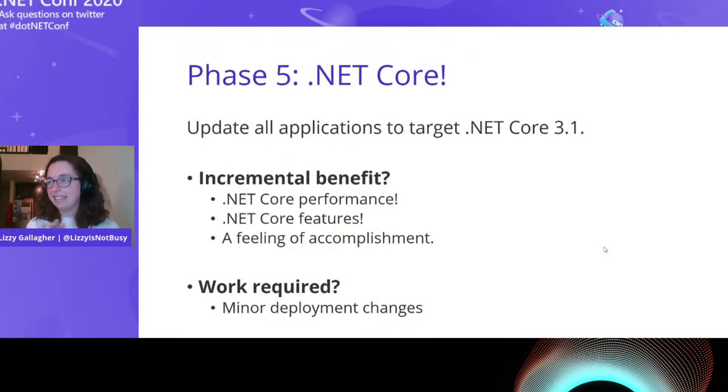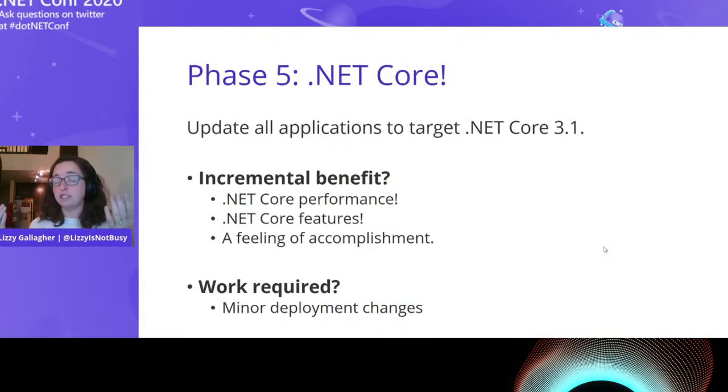So this is updating all of our applications to target .NET Core 3.1. This is the easiest update and gives you the biggest benefits, because you get .NET Core performance, you get .NET Core features, and you also get a feeling of accomplishment. And the work required is very small, just some minor deployment changes, because you had laid so much of the groundwork in your previous phases.